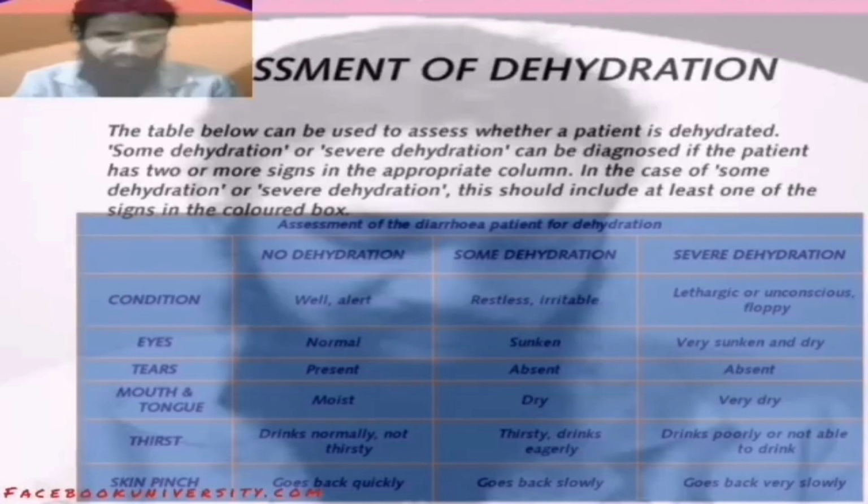Thirst. The person will drink normally and will not be thirsty in case of no dehydration, while in some and severe dehydration, the patient will be thirsty and drink eagerly, and drink poorly or not be able to drink, respectively.